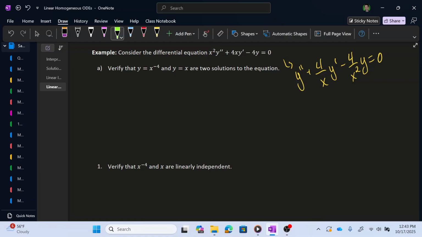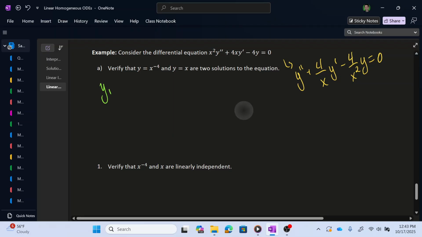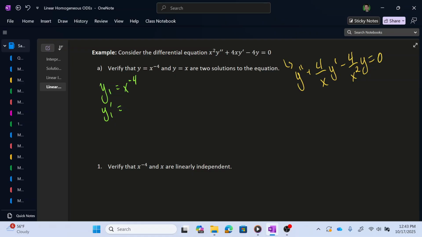So let's verify that these two functions given to me, x to the minus 4 and x, are two solutions to this equation. And as always, we're going to do this just by plugging in. So y1 prime is negative 4x to the minus 5. y1 double prime is 20x to the minus 6, just using the power rule.